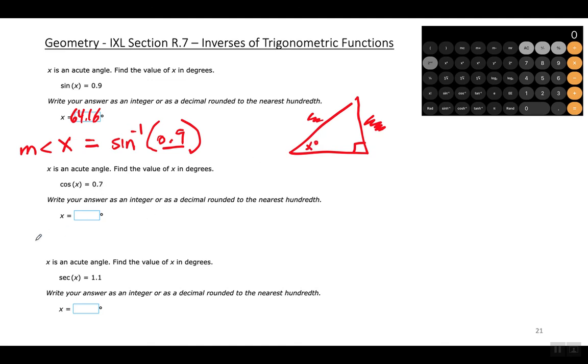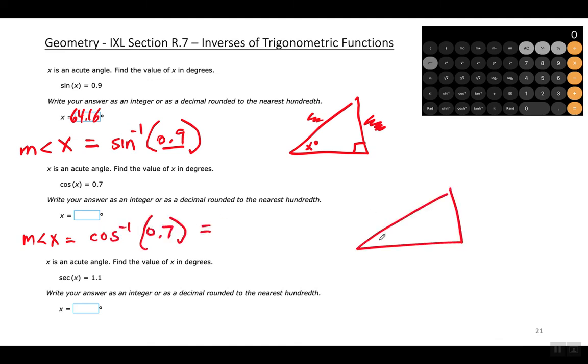So this one is cosine of x equals 0.7. The measure of angle x is going to equal the inverse of cosine of 0.7. To find how many degrees angle x is, remember that cosine is the adjacent side divided by the hypotenuse. So when I divide the adjacent side by the hypotenuse, whatever numbers are there, I get 0.7.